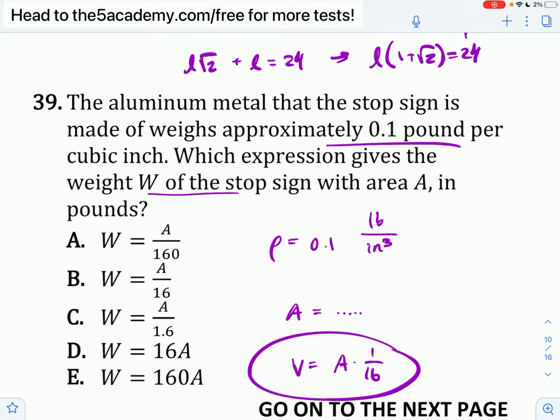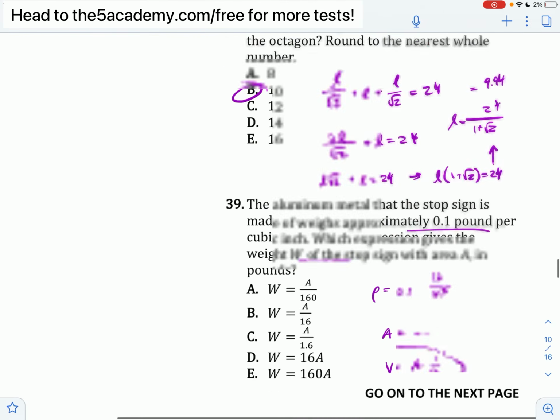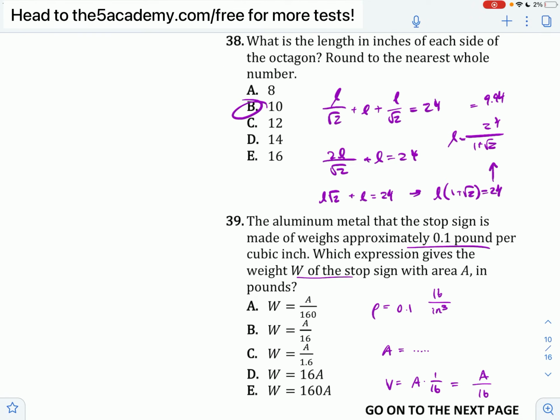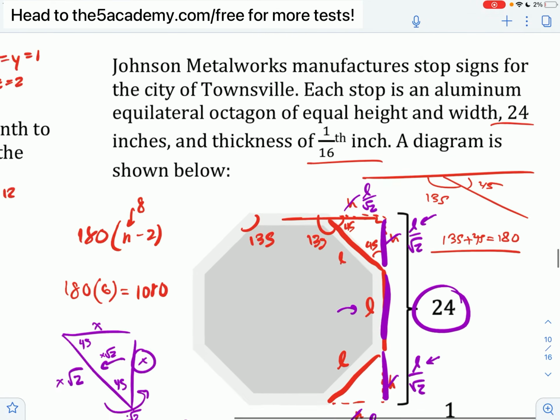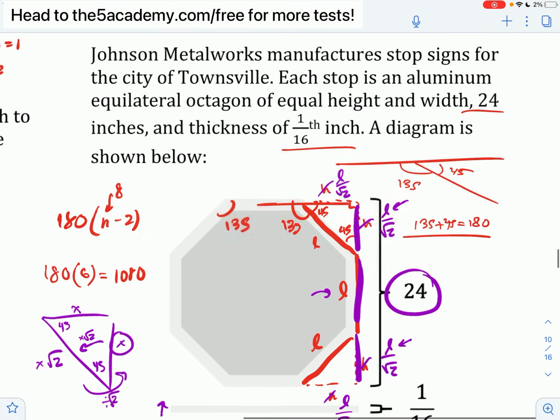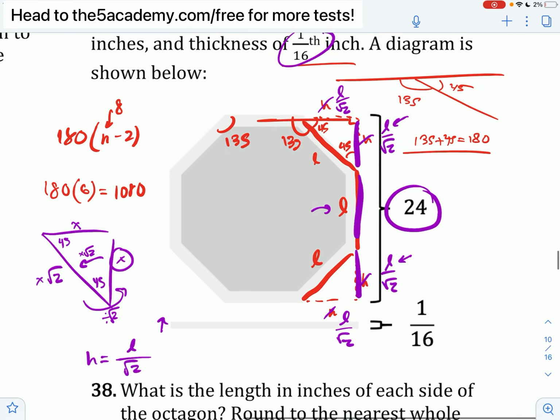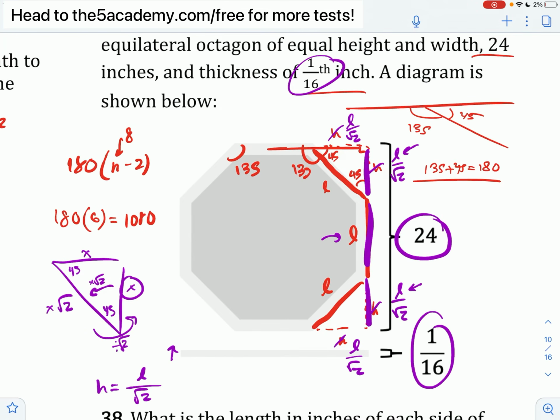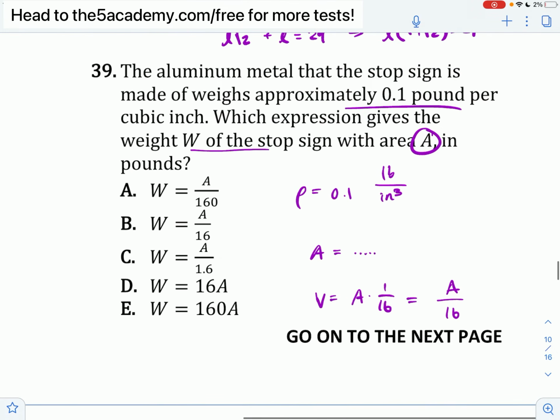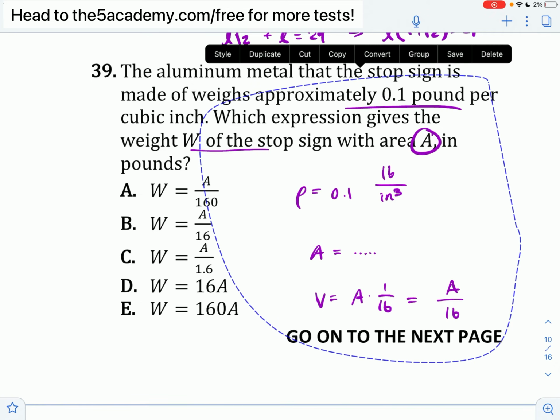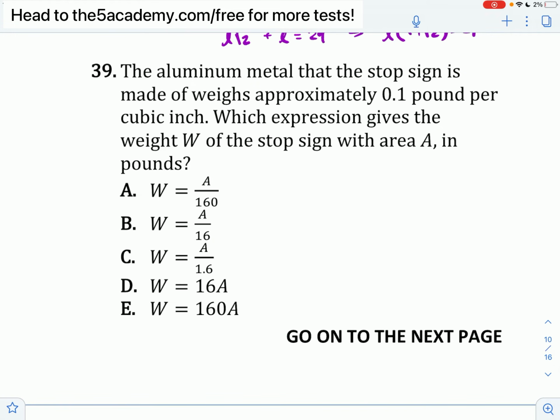So that's essentially area over 16, because they tell us the area is just some letter A, and they tell us that last dimension is 1/16 of an inch, okay? So if we multiply an area by some dimension, then we'll get essentially the volume of this prism shape. The volume of a prism can always be given. I'll redo this. Does this problem make sense?